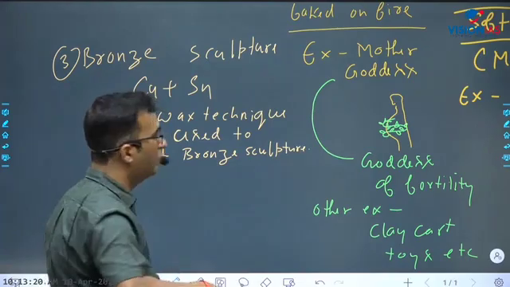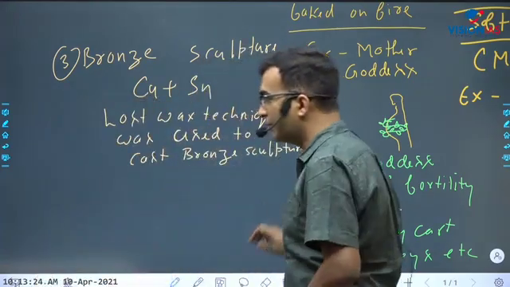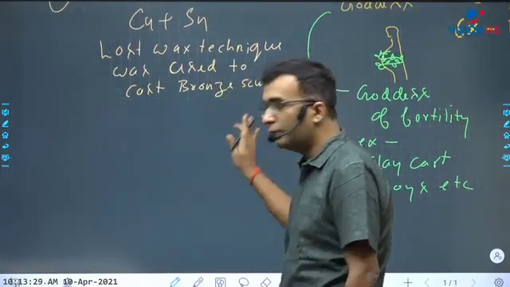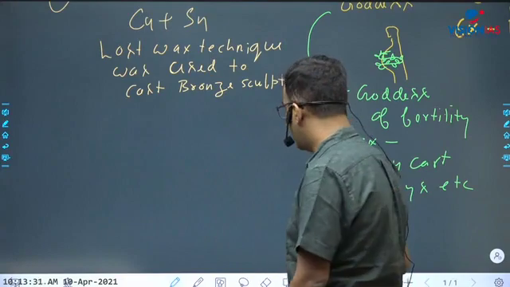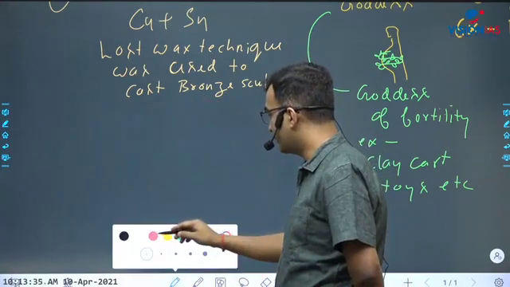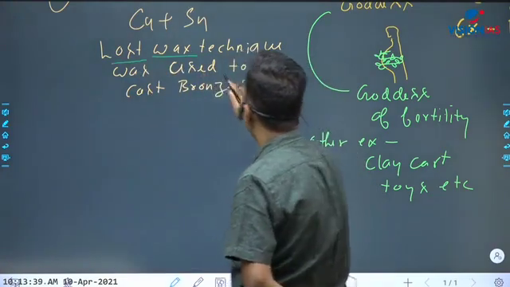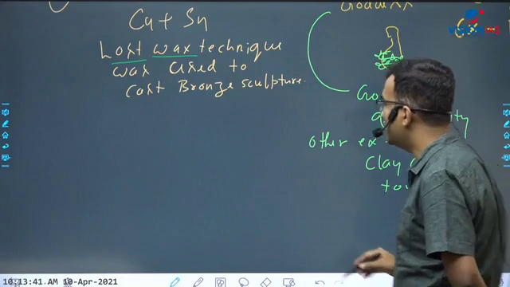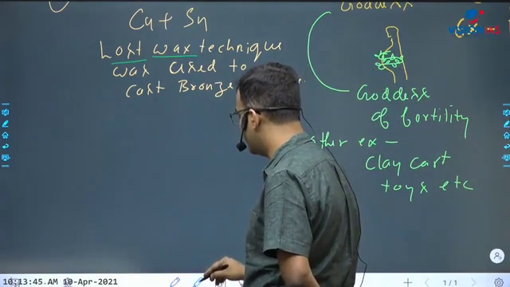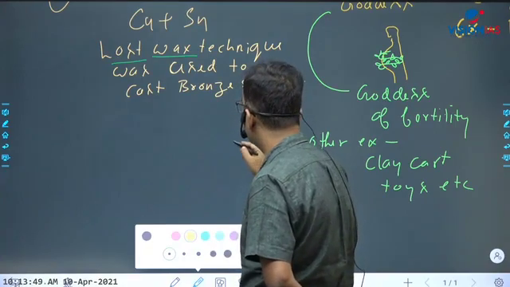Now I will elaborate how it is cast. So write lost wax technique simultaneously. Since there is this word, please look at it: wax and lost. What is there in this technique? What do they do in the beginning? The very first step in this lost wax technique is that they create an image from the wax.